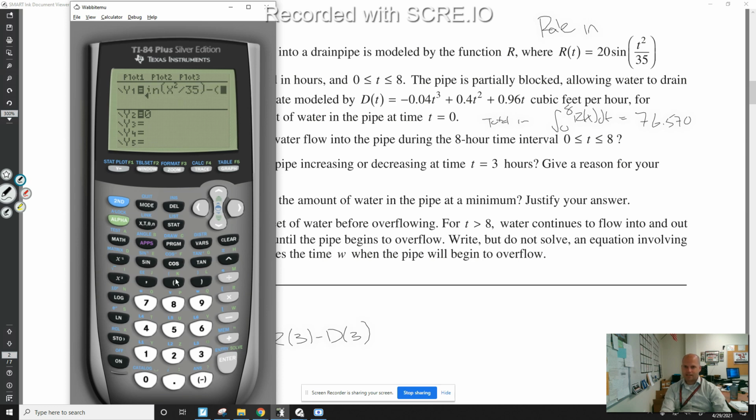Minus quantity D, negative 0.04 T cubed, plus 0.4 T squared, plus 0.96 T. Graph. Well, pause. I'm just going from 0 to 8.